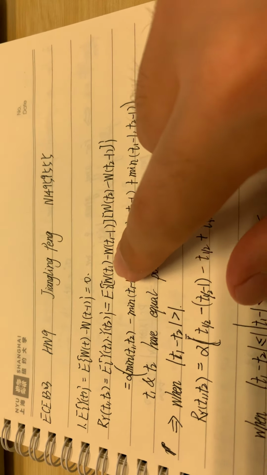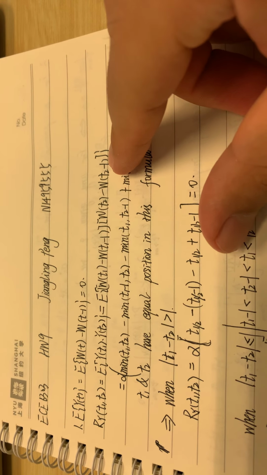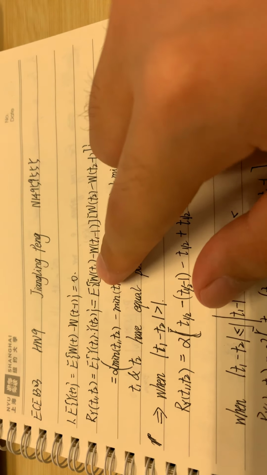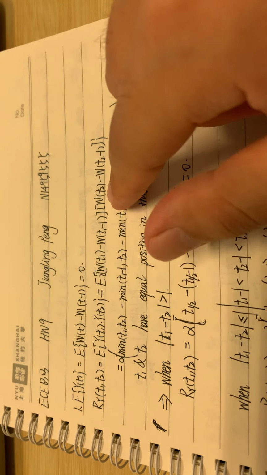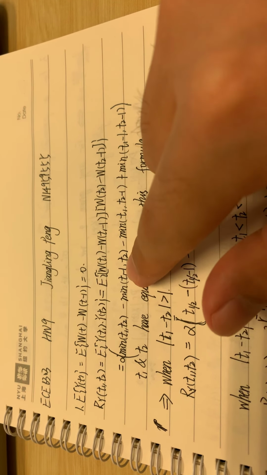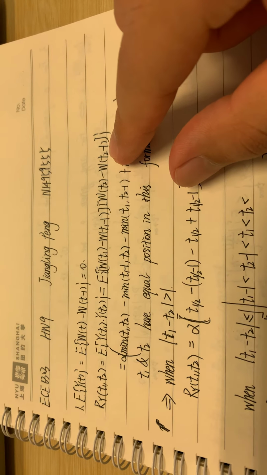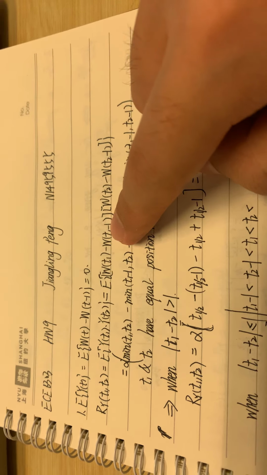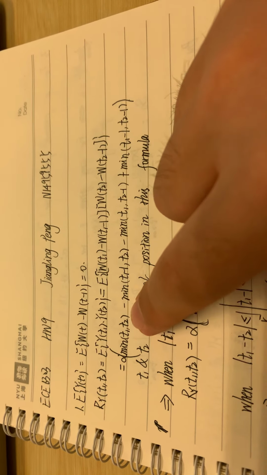Okay, we do the formula: W(t1) minus W(t1-1), times W(t2) minus W(t2-1). Let's do the transformation, and that gives W(t1)W(t2), W(t1-1)W(t2), W(t1)W(t2-1), and finally W(t1-1)W(t2-1).